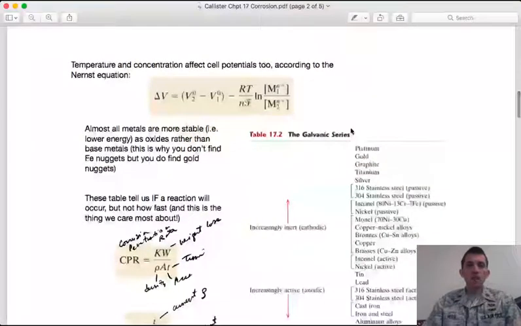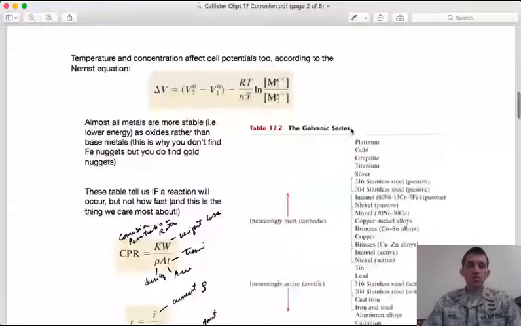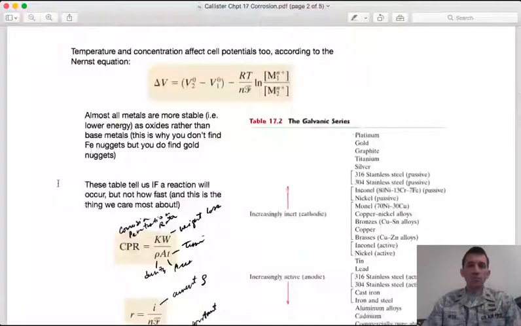But if you're not under standard conditions, which practically you won't be, then you're going to modify the potential slightly depending upon how far off you are from those standard conditions, right? So we see here that we're going to have a higher potential as the temperature increases.